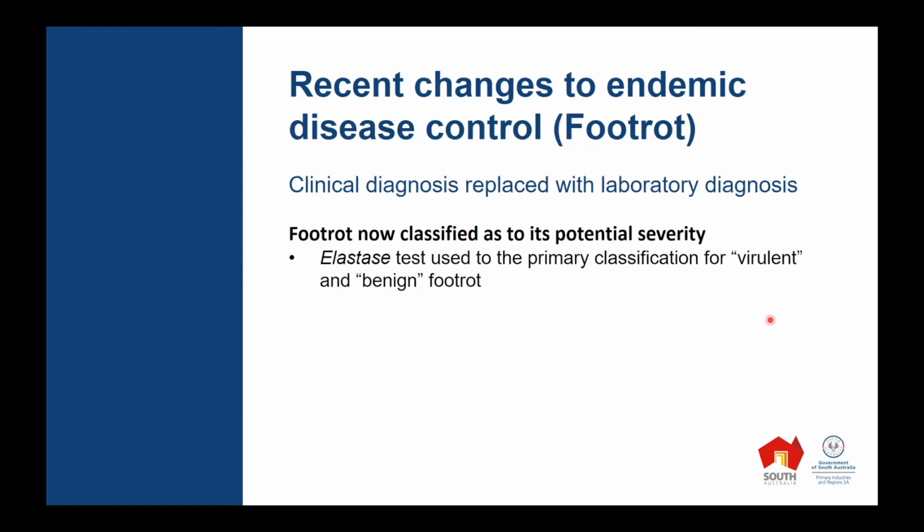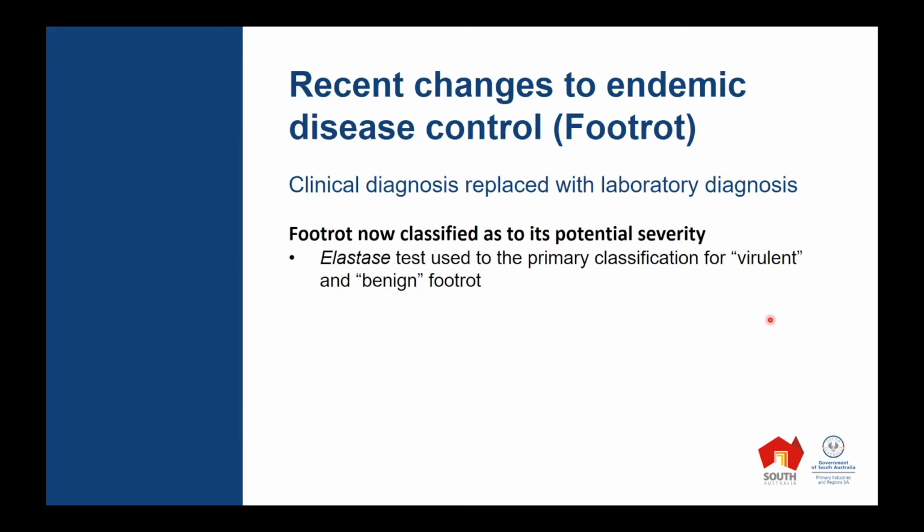And the lower the score of days, the more virulent the cultured bacteria is. So it's scored in multiples of 4, 8, 12, 16, 20. So your 4-day is your virulent end of the spectrum, your 20 is your benign end of the spectrum.